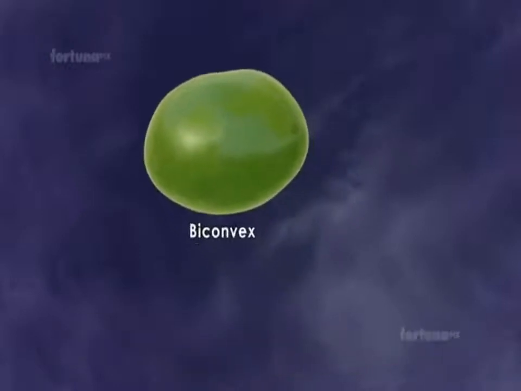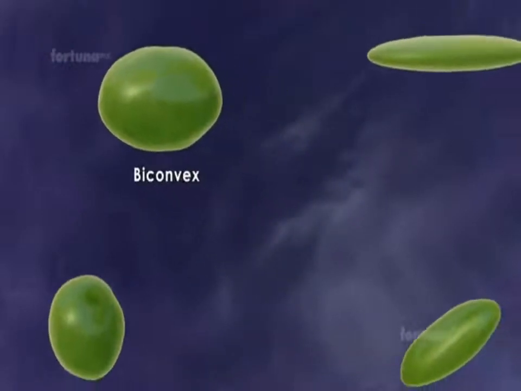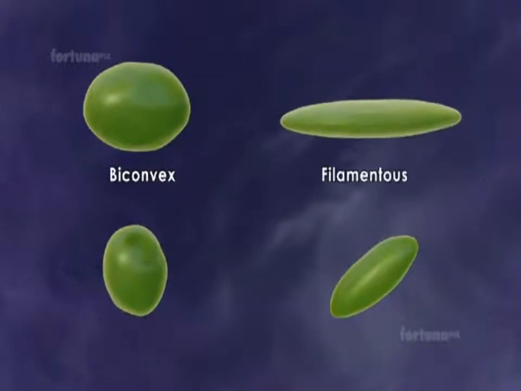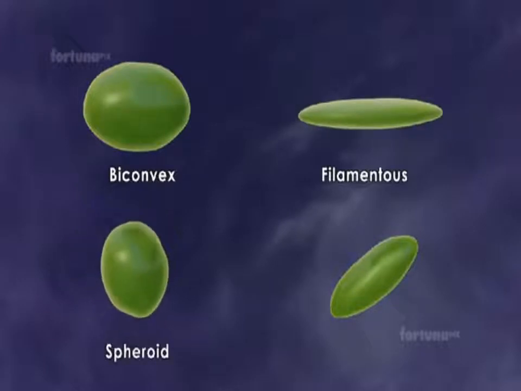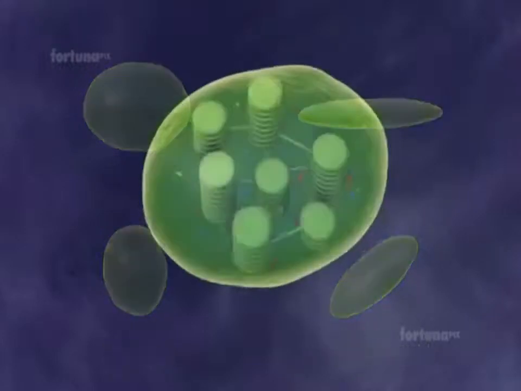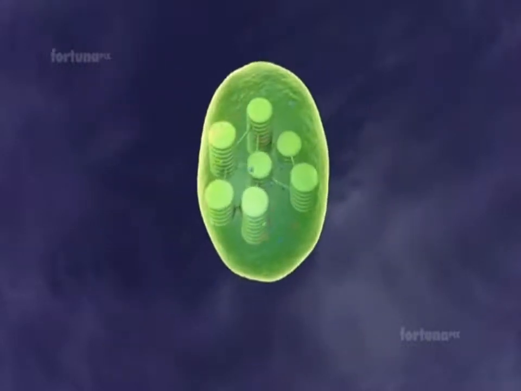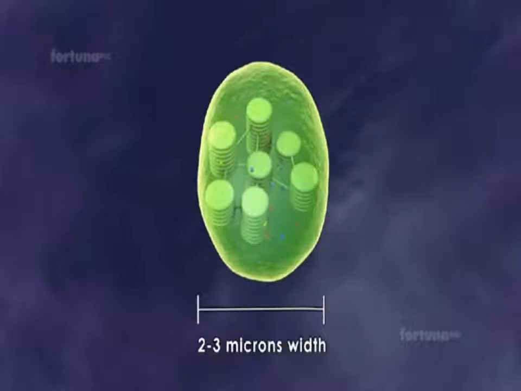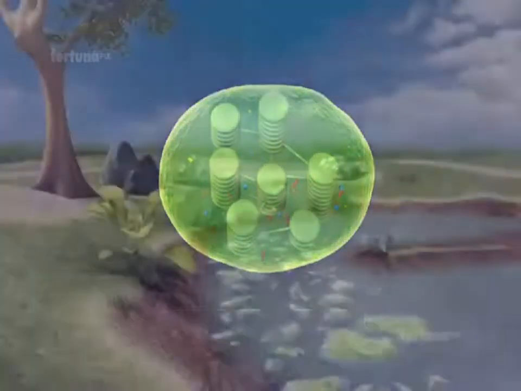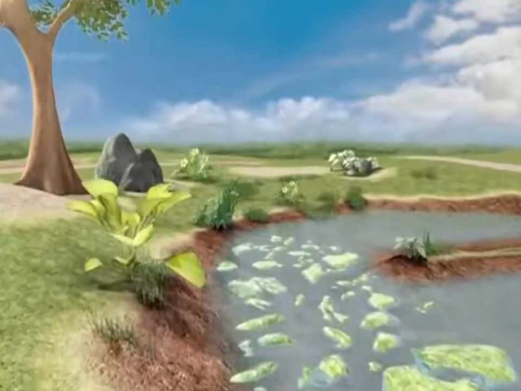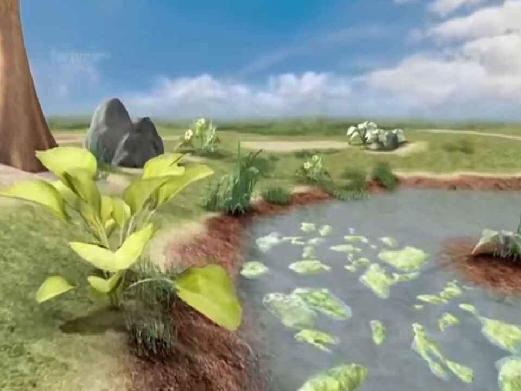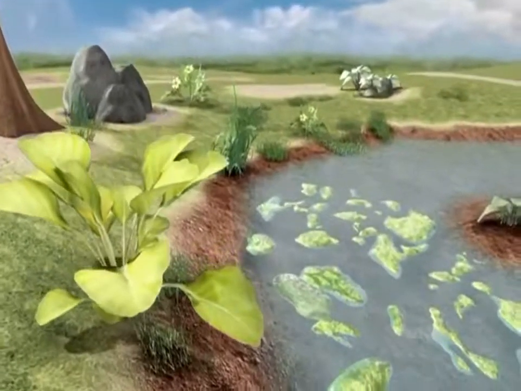However, in some plants, chloroplasts will occasionally take on other shapes such as filamentous, spheroid, ovoid, or discoid. Chloroplasts measure 2 to 3 microns in width and 5 to 10 microns in length. The number of chloroplasts varies from cell to cell and from species to species, but it usually remains constant for a particular plant.